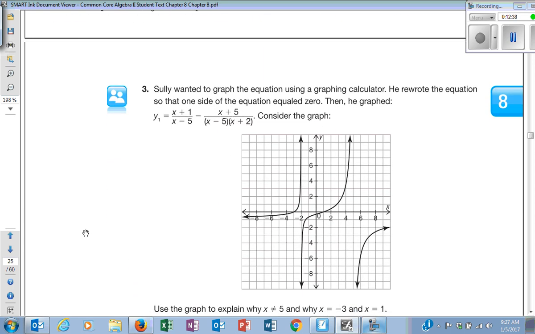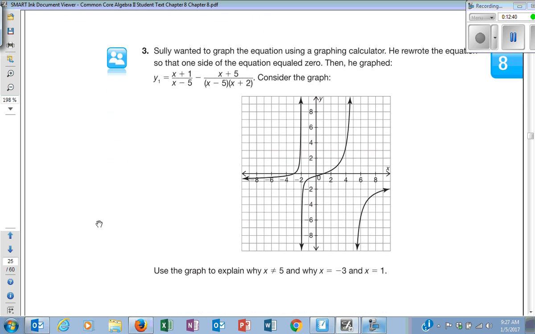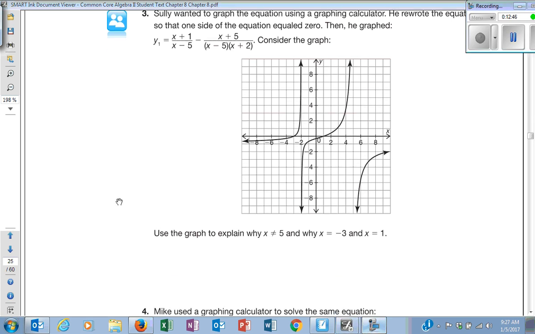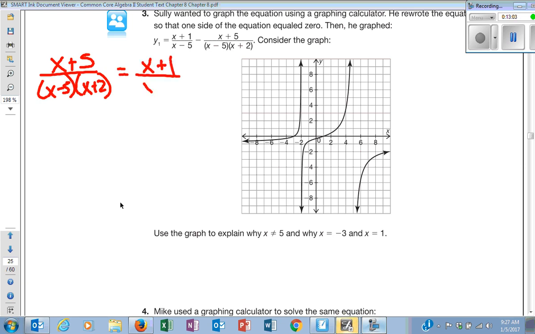Now, they talk about how he graphs it, and if you look, when he puts this thing in the calculator, what he did is he took our original equation, x plus 5 over x minus 5, x plus 2, equals x plus 1 over x minus 5. All he did is he moved this entire thing to the other side.